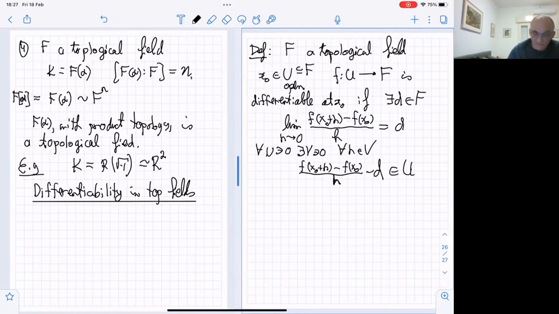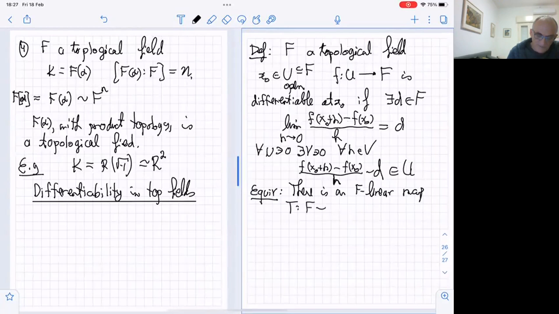Now, there is another way of saying it, right? In one variable, it's always very simple. Equivalently, there is an F-linear map T from F to F. Actually, for us, the map is x goes to dx. This is what we're aiming for.